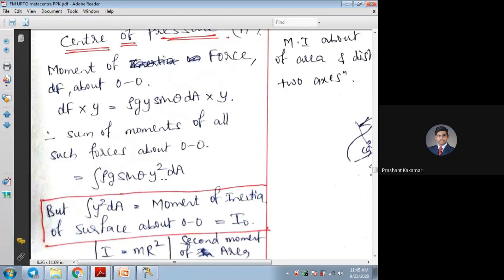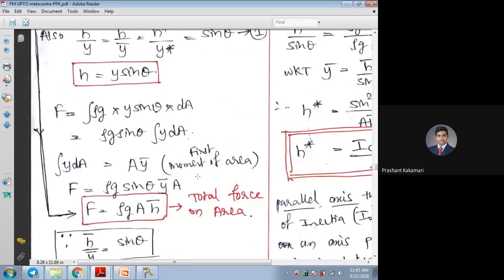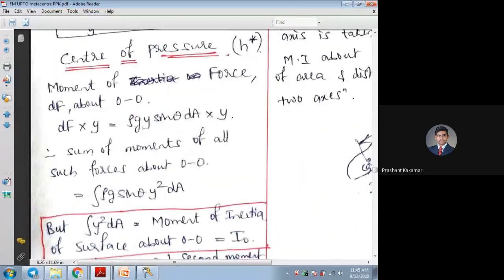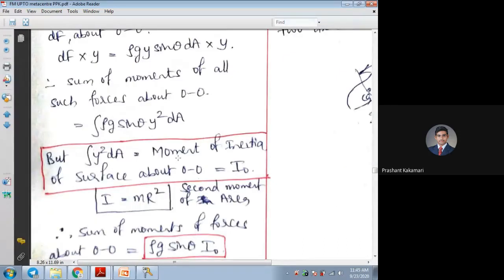So in the first case we took the moment of area, the first moment of area. Secondly, we took the moment about point O, so we took 2 times moment, and that I can call the moment of inertia.